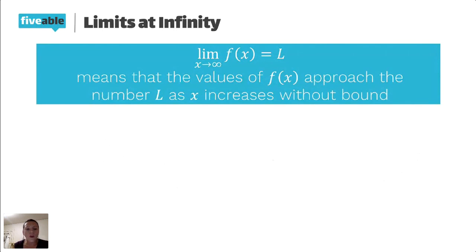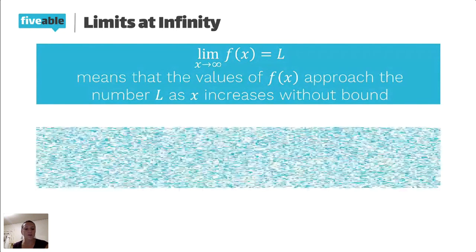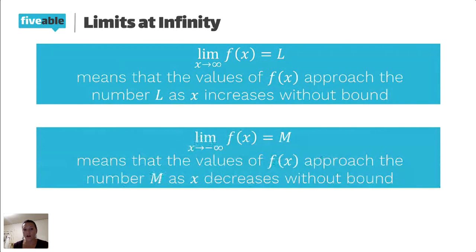Now, we also were looking at the limit as x approaches negative infinity of f of x, and let's say that it equals m. So this is saying that my function f of x is going to approach the number m as x decreases without bound. So it's getting larger and larger negative.